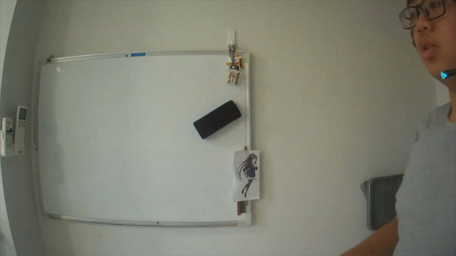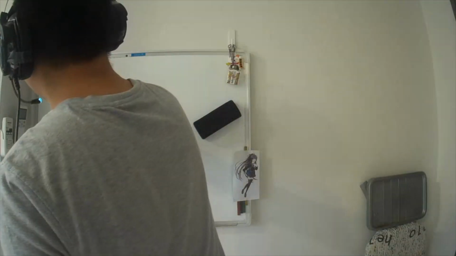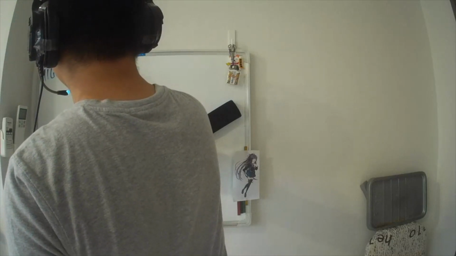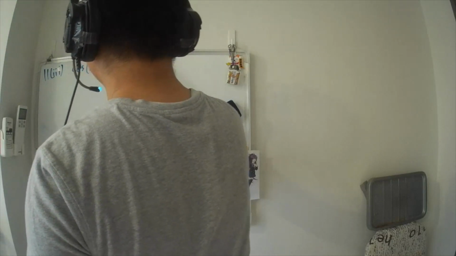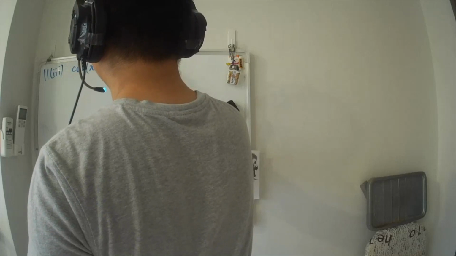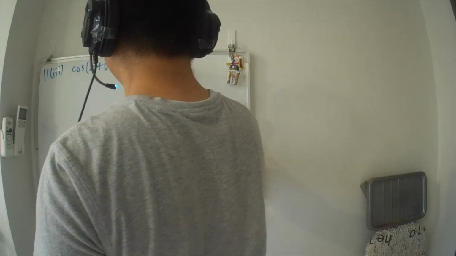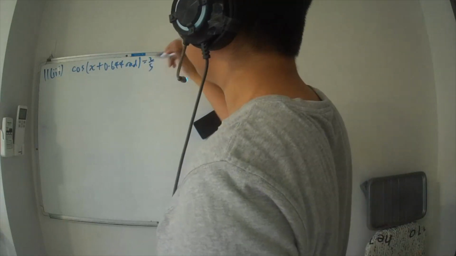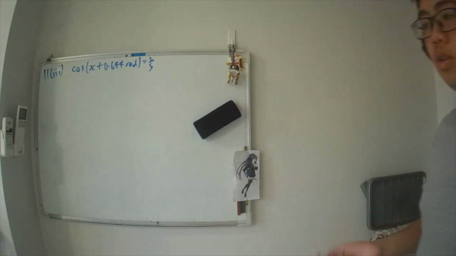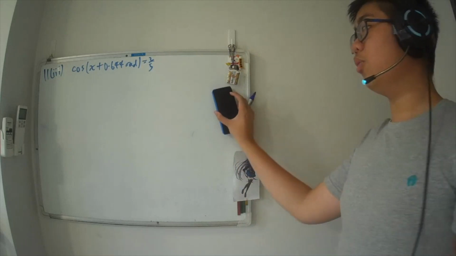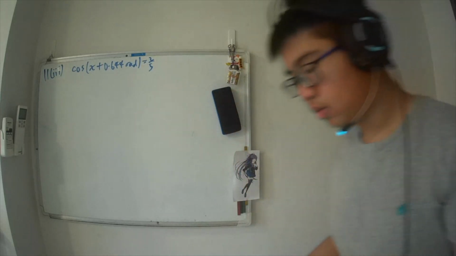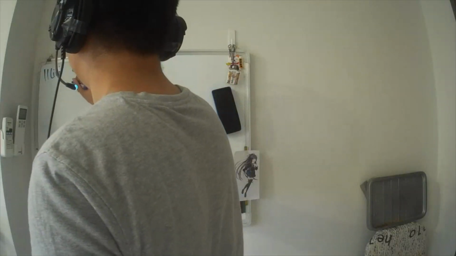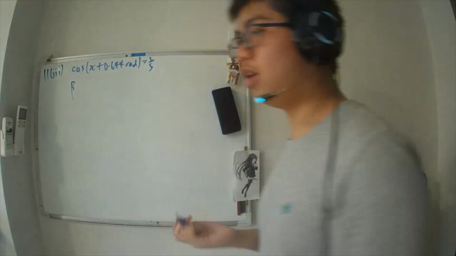Okay, so 11 part 3. I have cosine (x plus 0.644 radian) is equal to 2/5. So what I'm going to do is write the basic angle as beta because we already used alpha earlier.